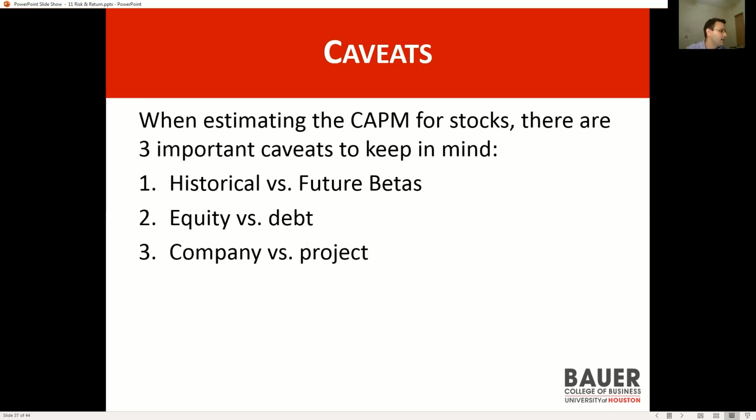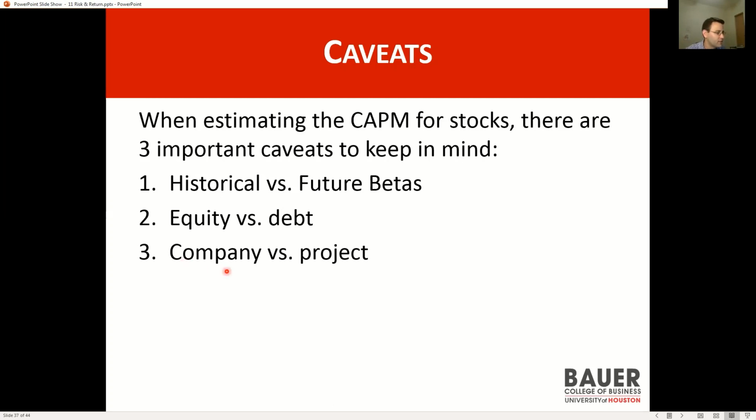Okay. The second thing is that when we estimated CAPM, we were doing it for equity, but a company may have debt as well. And so if you're estimating the discount rate for the equity, we have to remember that the discount rate for the debt is also going to be important for the company's average discount rate.